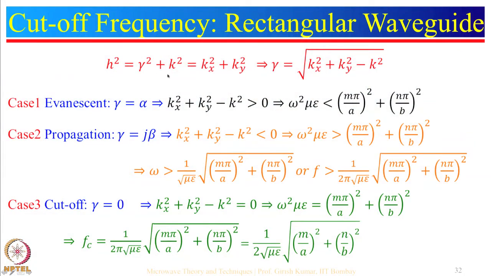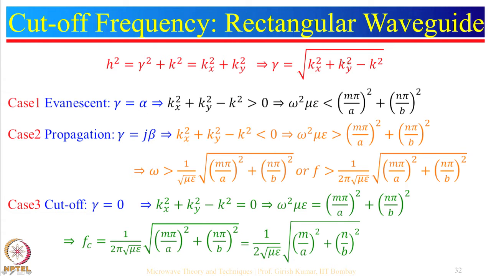As we have seen earlier, gamma square plus k square is equal to kx square plus ky square for a rectangular waveguide. So from here we can get the propagation constant gamma, which is equal to under root kx square plus ky square minus k square. From this there are three conditions of gamma. First, if gamma is real, then beta will be 0 and gamma is equal to alpha.